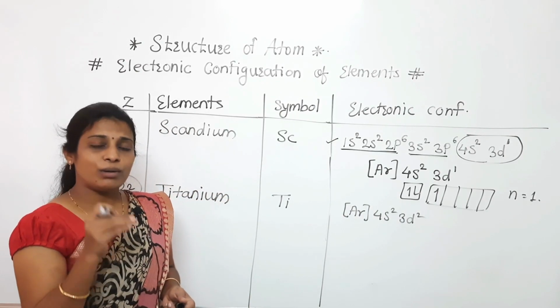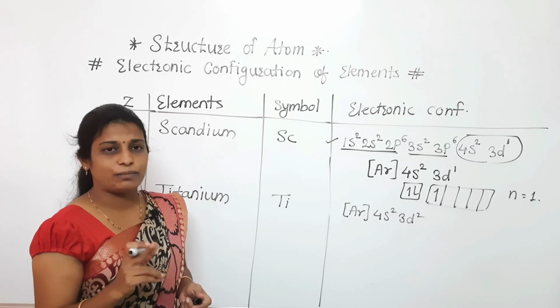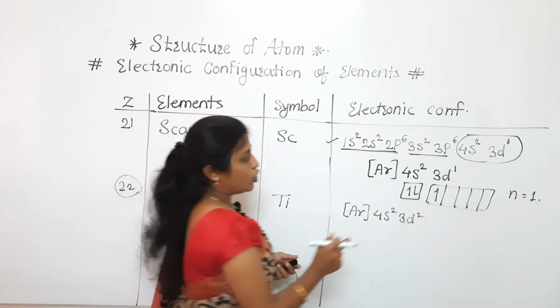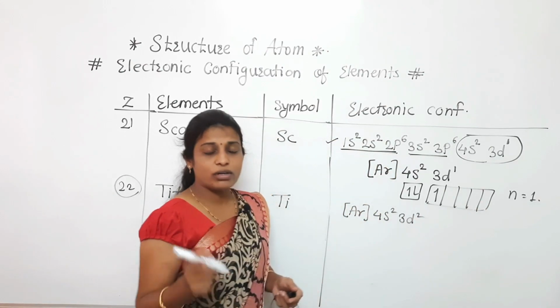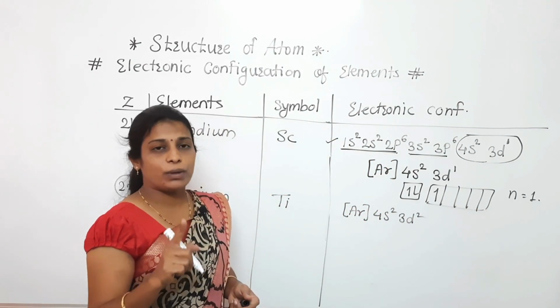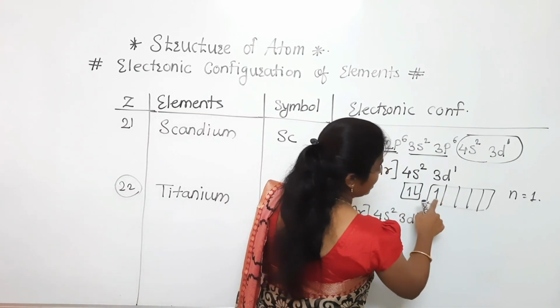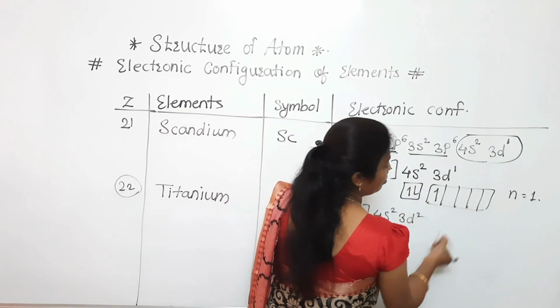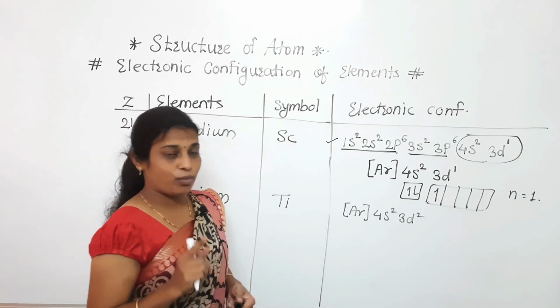The maximum number of electrons that can be filled in the d subshell is 10, because the d subshell has 5 orbitals, and our important concept is that each orbital carries a maximum of 2 electrons. So 5 orbitals, each carrying 2, means the maximum is 10. This is very important, keep that in mind.